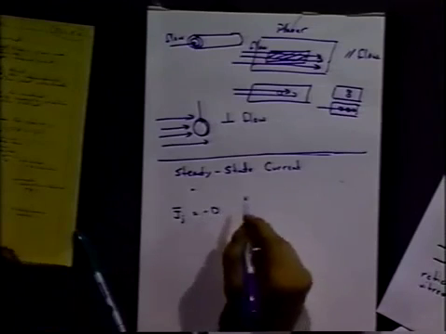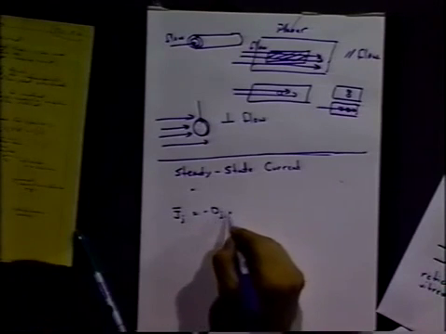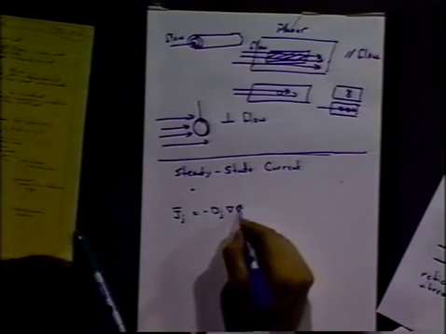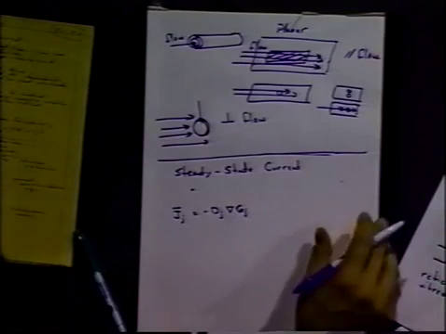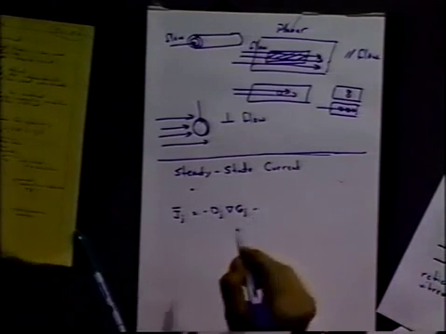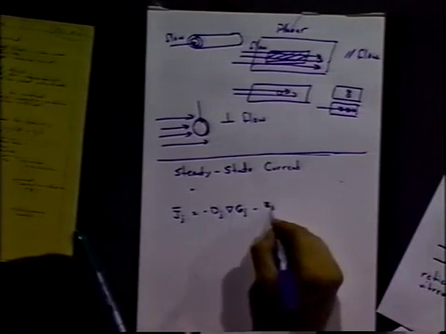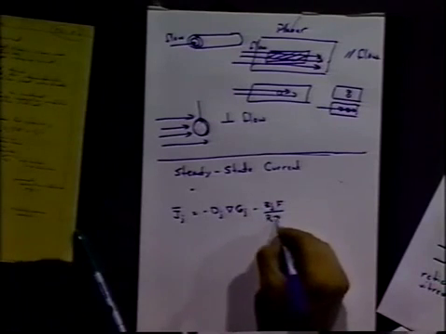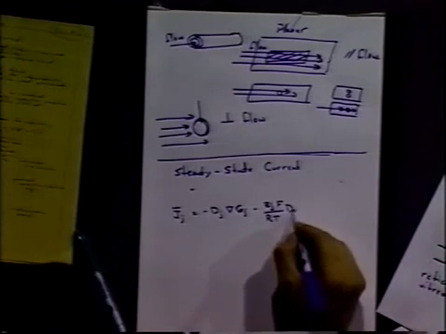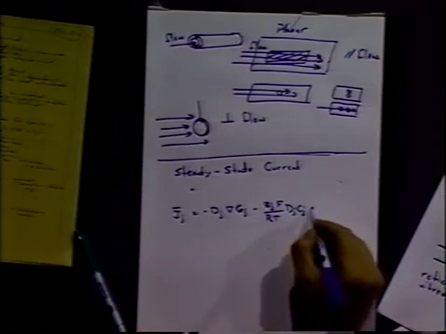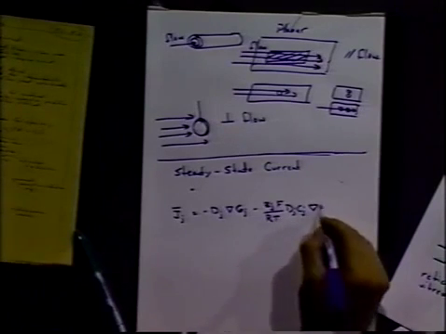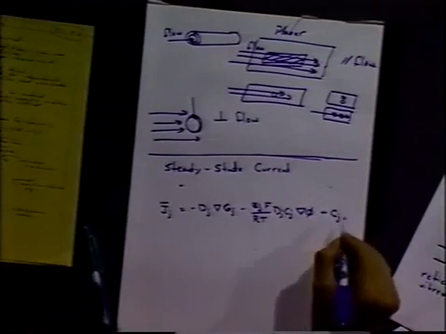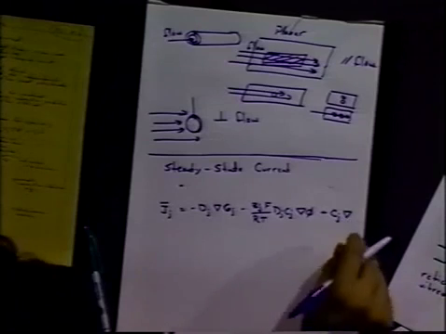One would be a diffusive component, the diffusion of J, C sub J. Then there would be a migration term dependent on the charge of the species in the system and the potential, and then a convective term.